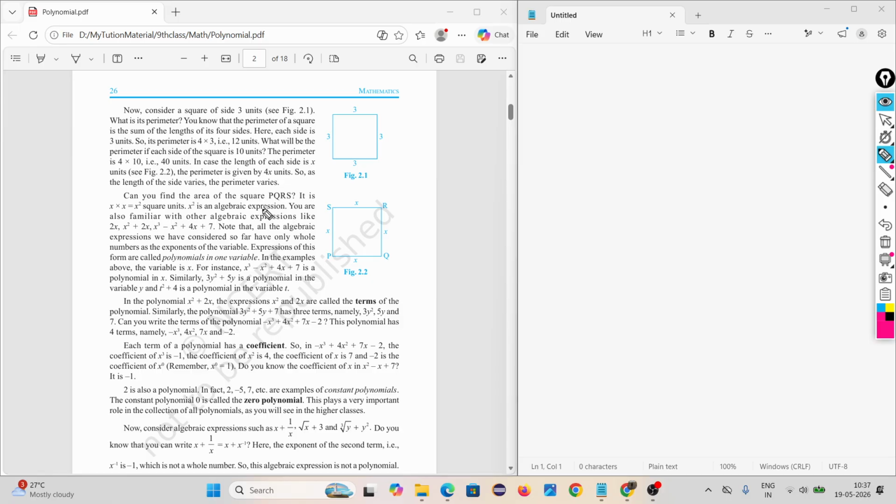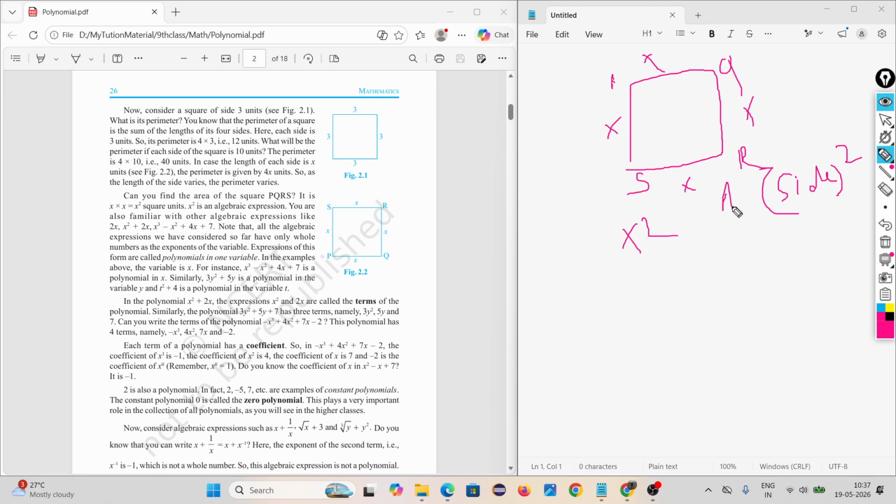Can you find the area of the square PQRS, with each side x? The area of the square is side square.